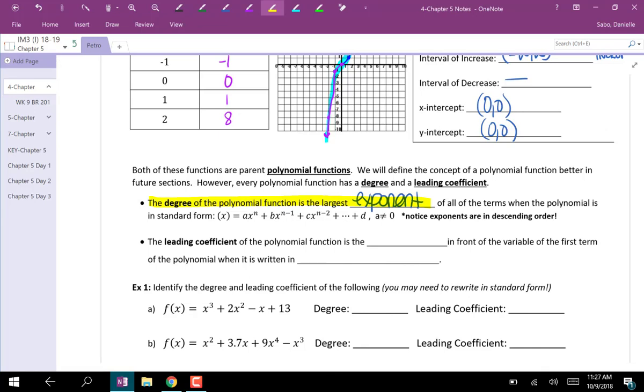If I have x to the 7th power, 7 is my degree, the highest one. Then the leading coefficient, which we've talked about when we were doing quadratics, is just the number in front of the variable when it's written in standard form. It'll make sense here in a second.